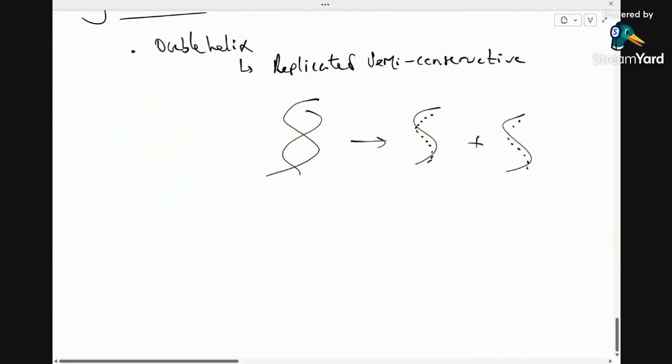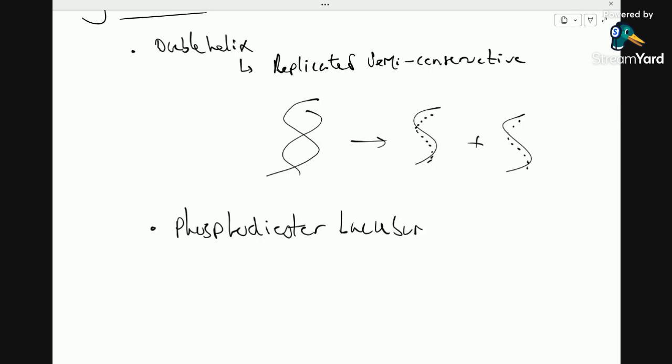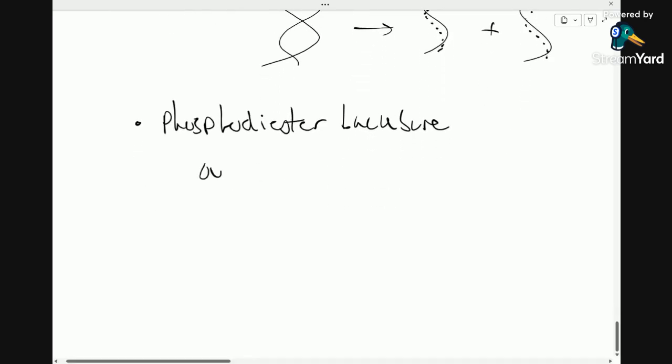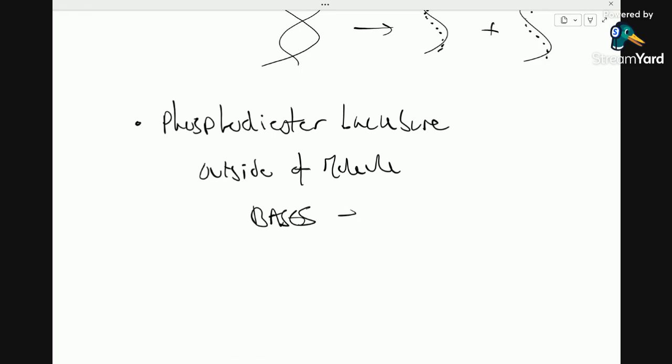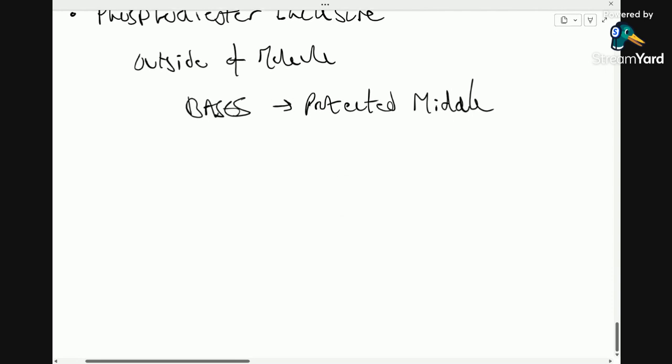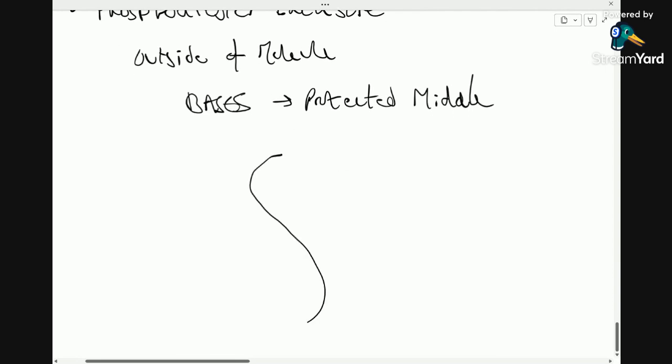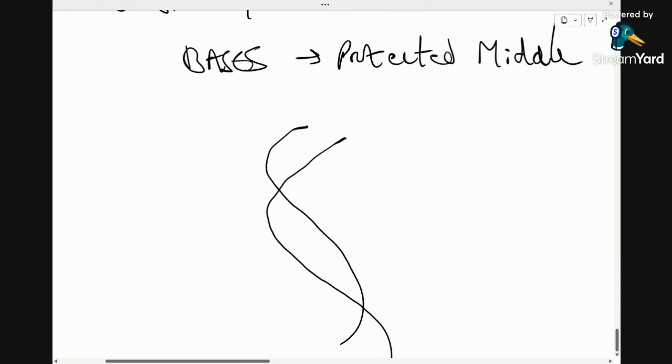Right, the next reason the double helix structure is good is because we have the phosphodiester backbone on the outside of the molecule, and the bases are protected in the middle. If I was going to draw 1 strand like that and 1 strand like that, that's really bad.